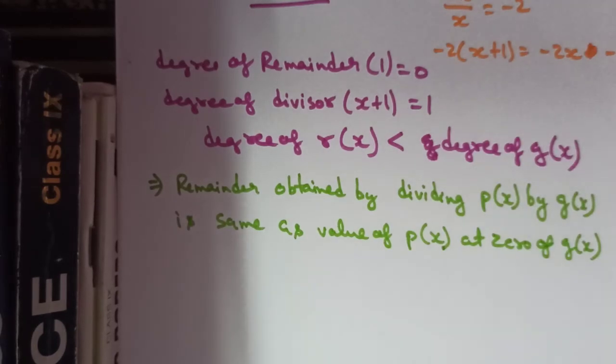One more point: the remainder obtained by dividing a polynomial p(x) by another polynomial g(x) will be the same as the value of the polynomial p(x) at the zero of g(x).